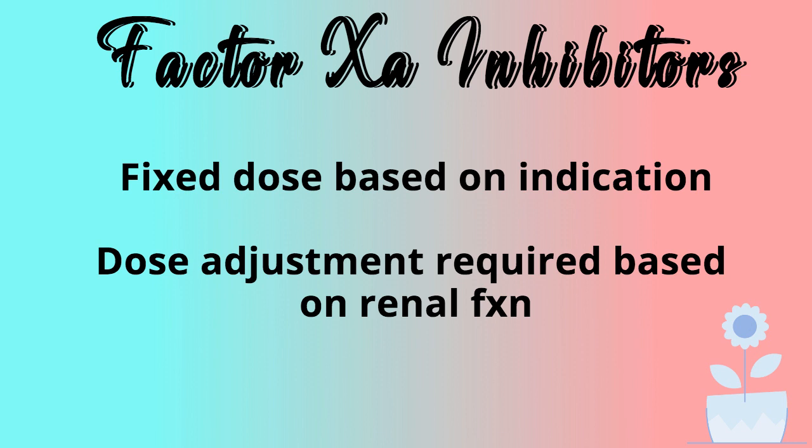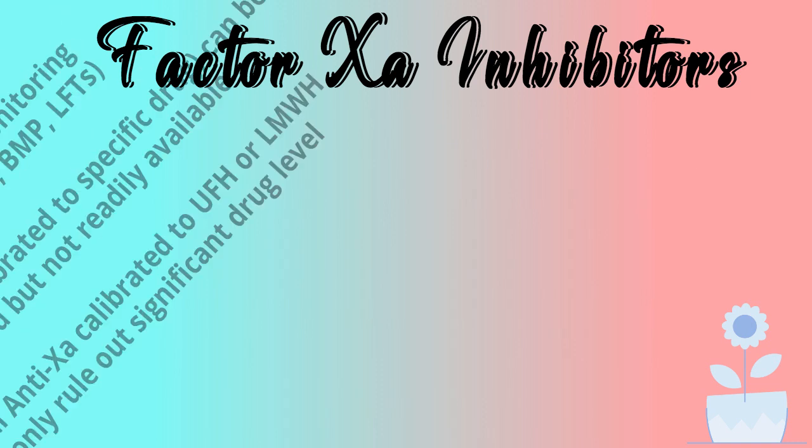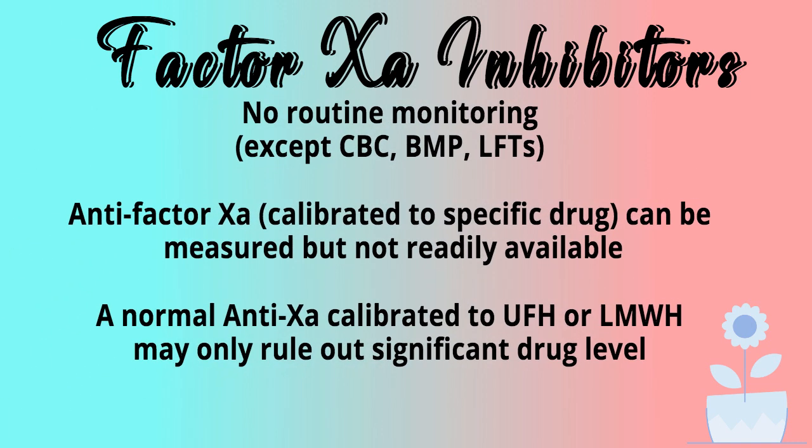So for a lot of indications, there will be dosage adjustments that will be required based on the patient's renal function. They do not, again, have any routine monitoring, except you should be getting a CBC to look at their hemoglobin and hematocrit and BMP for renal function, and LFTs at baseline, at least yearly, and more often if there's reason to believe that there might be something going on.